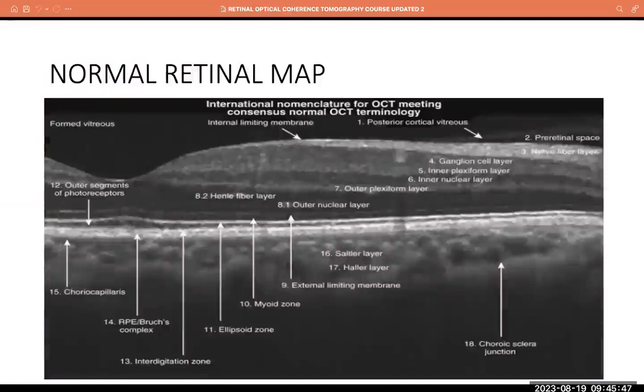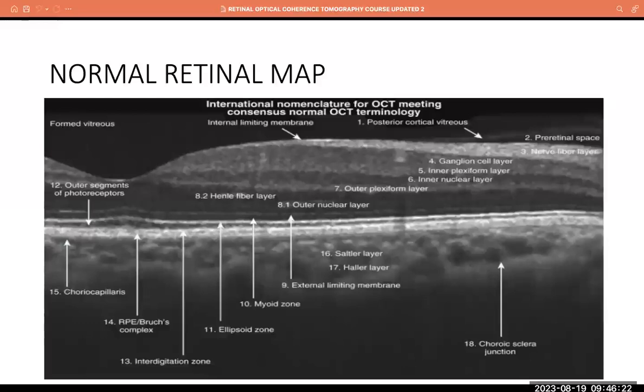So the different layers are here. I'll leave you to look at it, but all the layers of the retina are represented, and we're going to break them down and talk about them. But I'll point out something very, very important. You have the nerve fiber, the ganglion cell layer, inner plexiform, inner nuclear, outer plexiform, outer nuclear, but you have the Henle fibers here, more towards the fovea.